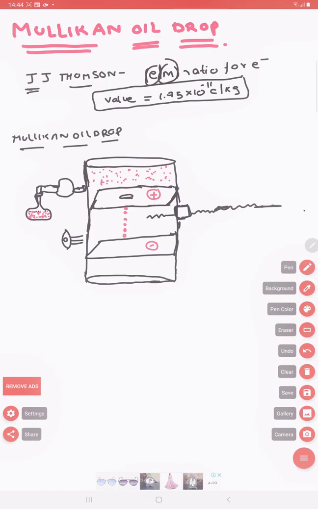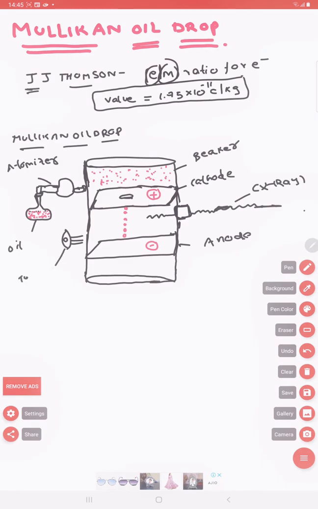This is the cathode and this is the anode and this is the X-ray. Hope you understood the X-ray. This is oil, this is the atomizer, and think of this as a telescope. I have drawn it roughly, and this is a rough figure.